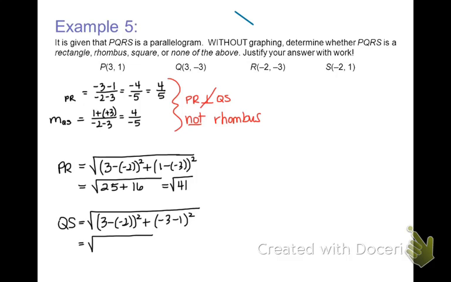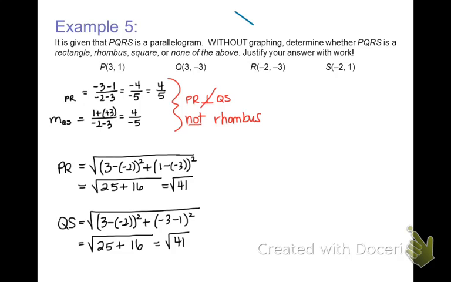Kind of go through the same thing we did on the last one. 3 minus a negative 2 is 3 plus 2, which is 5. Squared is 25. Plus, negative 3 minus 3 is a negative 4, but when you square negative 4, it's positive 16, so this ends up being the same square root.